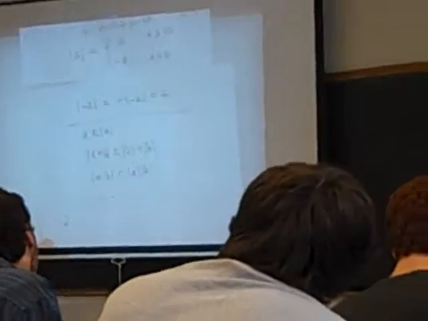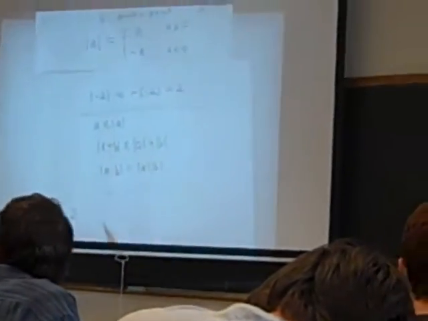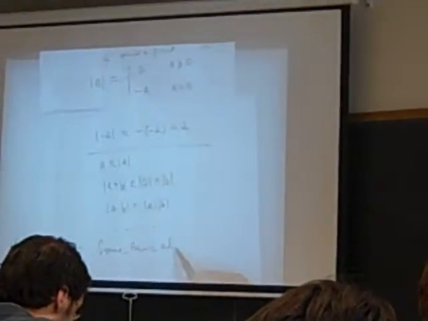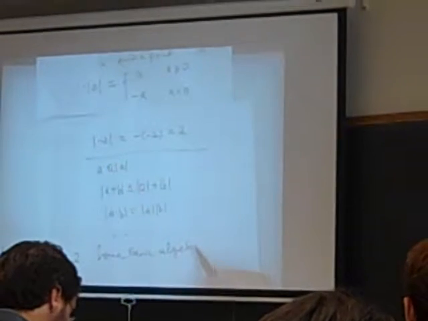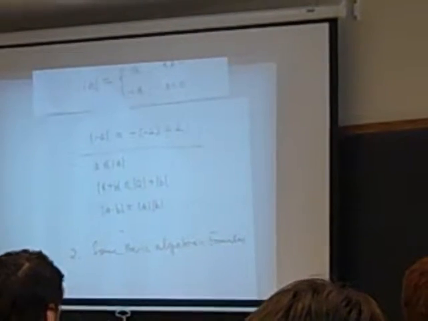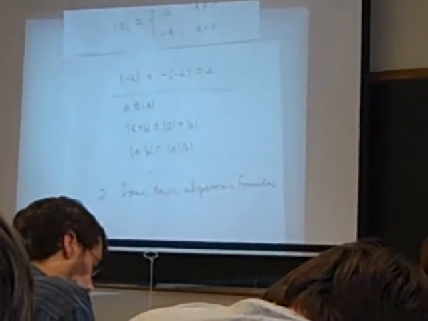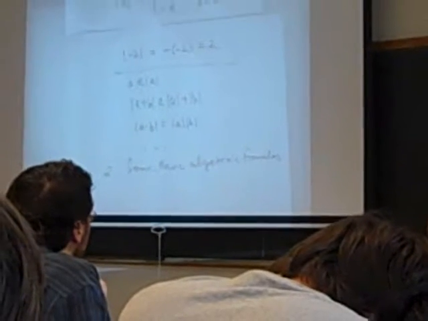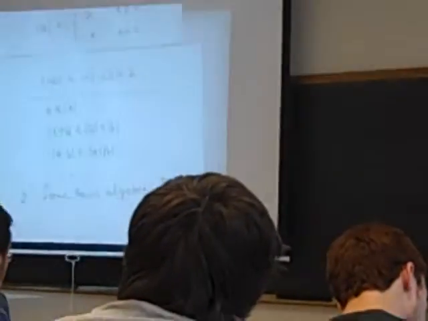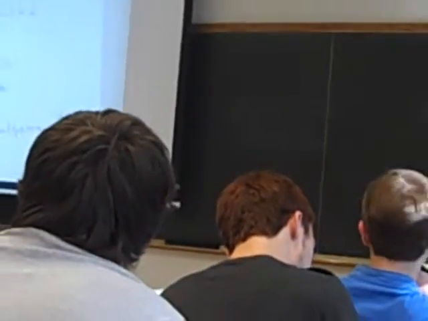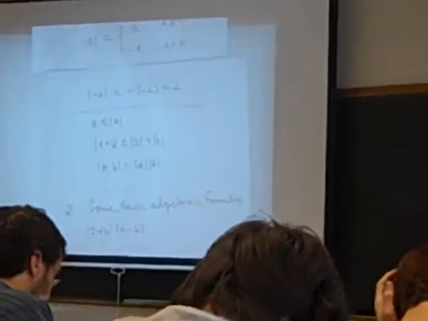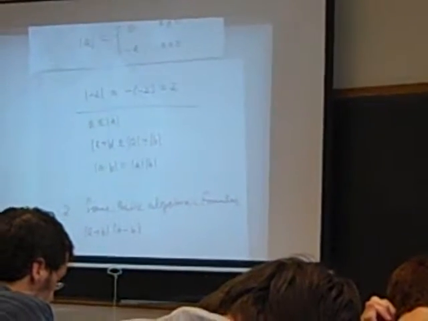The second part of my review, I think I can just finish it: some basic algebra formulas. These are important. There are some formulas that are very simple, but if you remember them, they will do you a lot of good. If every time you have to start from the beginning, it takes you a long time. Okay? So here are some basic formulas. I think everybody can help me out. a plus b times a minus b?